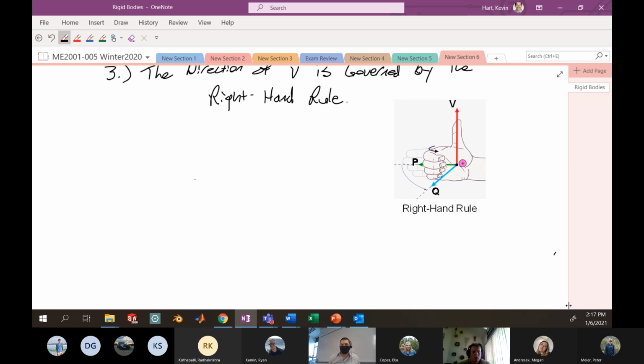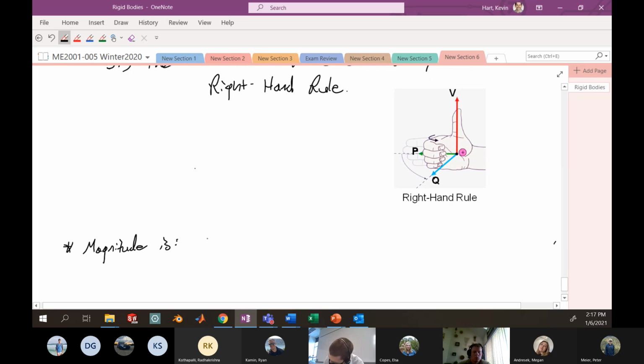That's the basics, and that's the general idea. Now let's have a thinking moment here. We know that the magnitude of the vector V is the magnitude of the vector P multiplied by the magnitude of the vector Q times the sine of the angle between them.